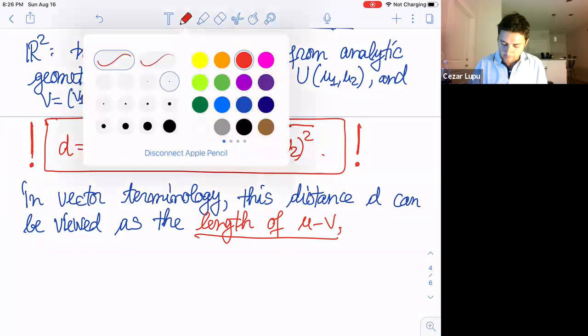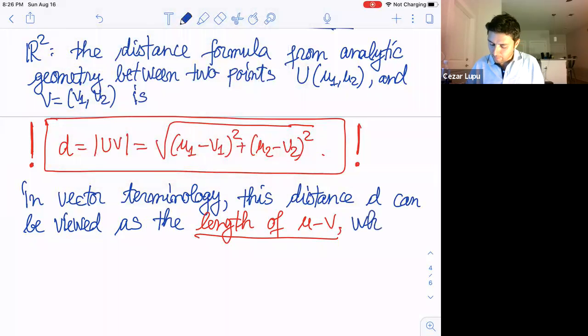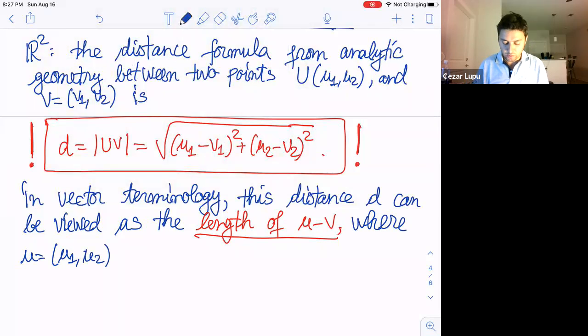Where u is this vector of coordinates u1 and u2, and v is of v1 and v2.